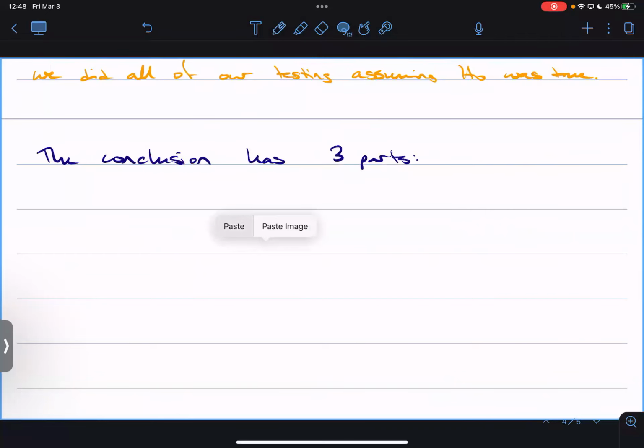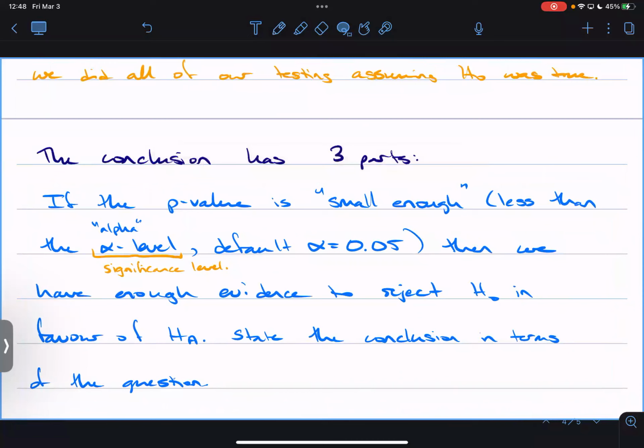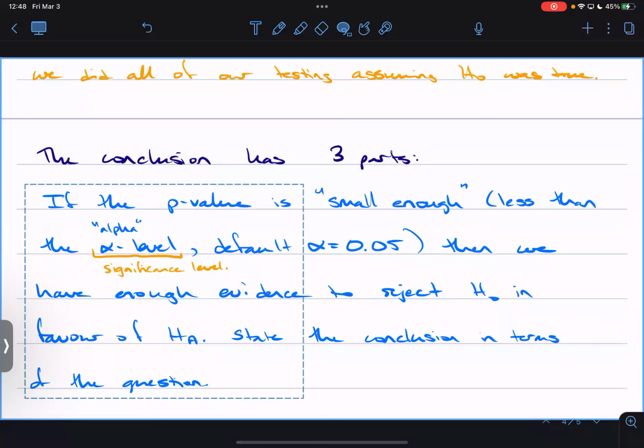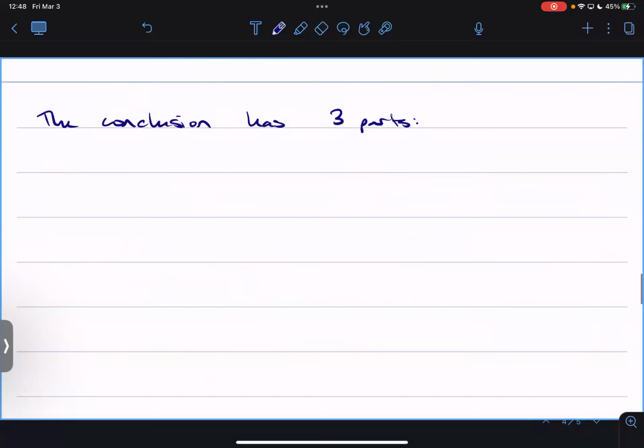So what I'm going to do is write it out again. If the p-value is less than the alpha level, I am going to use that as the baseline, because usually we want to reject H naught.